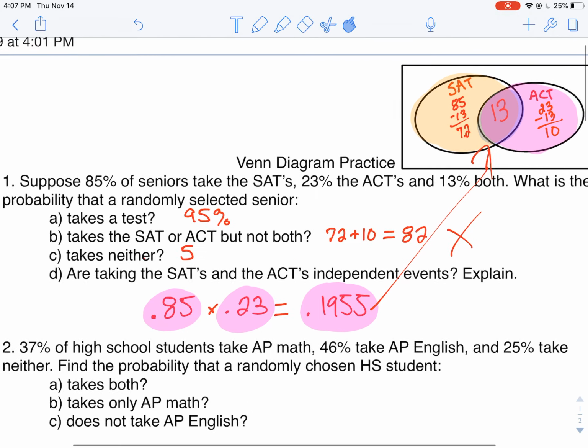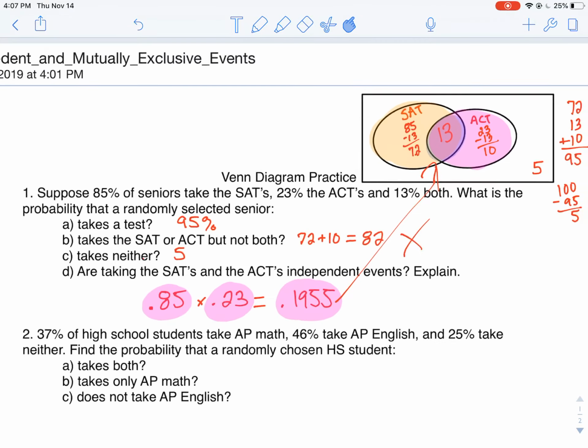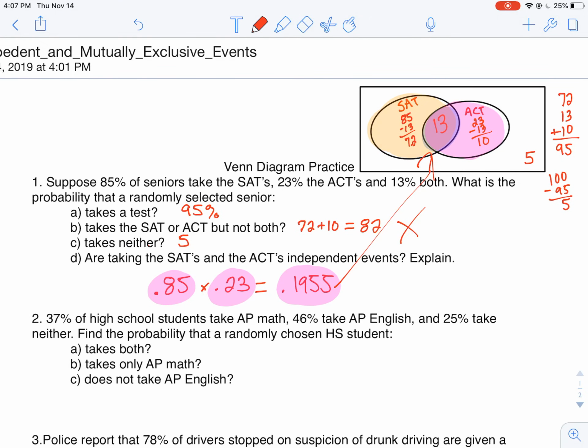I could also go with, let's see, the probability of taking the SATs is 85 out of 100. Now, I could do it given that you took the ACTs, which would be 13 out of 23. Now, let's see. Does 13 out of 23 give me 85%? I highly doubt it. It does not.